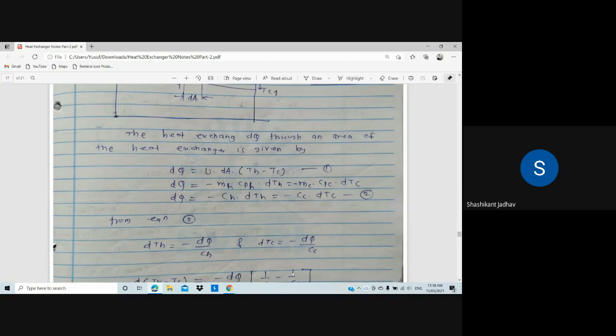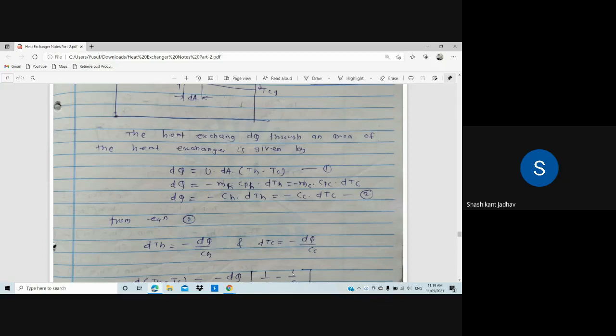dQ is equal to minus m dot h into Cph into dTh is equal to minus m dot c into Cpc into dTc. And as we know, the product of mass flow rate and specific heat is the heat capacity. Okay, so instead of m dot h and Cph we have to write capital Ch, which is nothing but the heat capacity of the hot fluid. Similarly, instead of m dot c into Cpc, we put Cc, that is the heat capacity of the cold fluid.